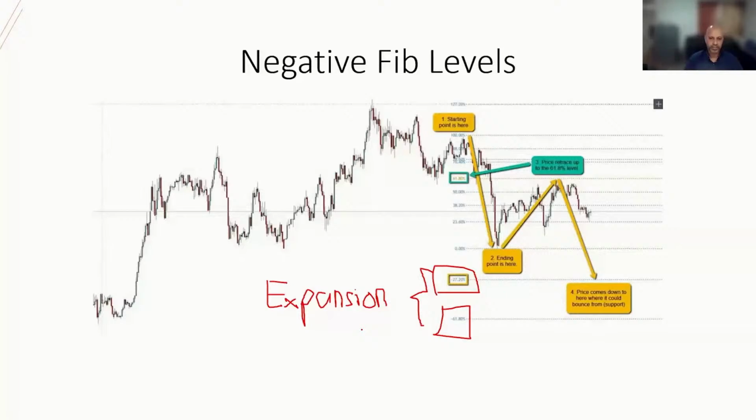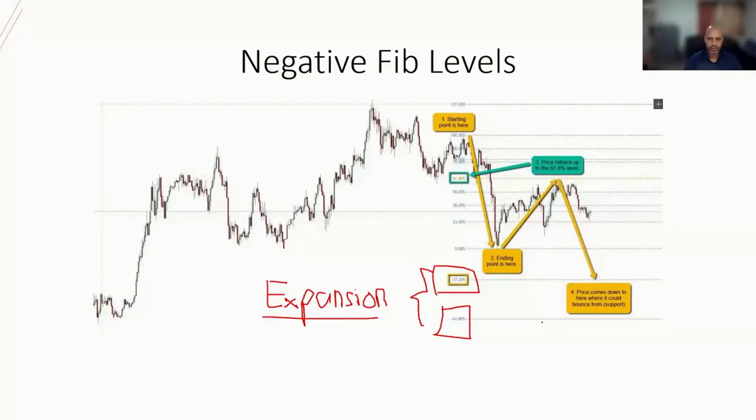They simply refer to the negative retracement levels, which are at negative 27.2 and negative 61.8. So these are the key levels at the negative end, and they are also known as expansion levels.